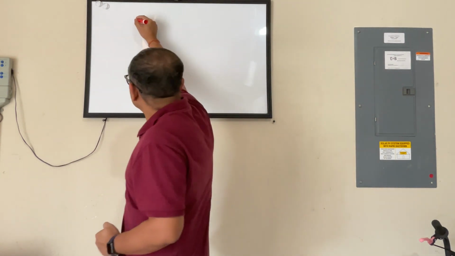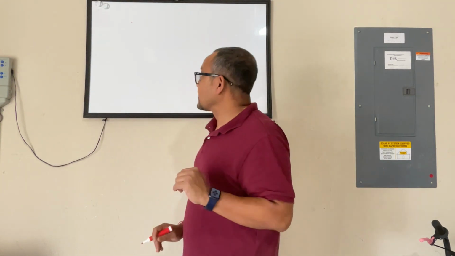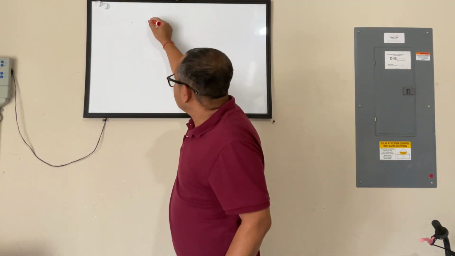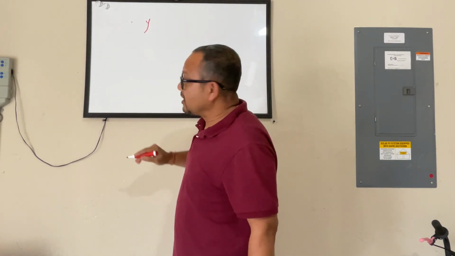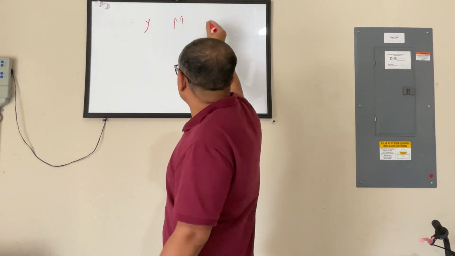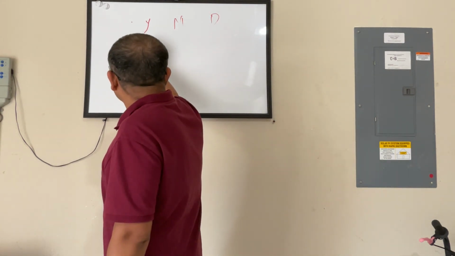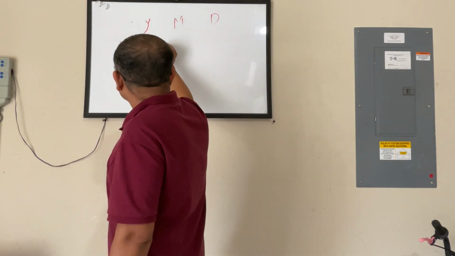Let's say your age is 1/3 of your dad's age. I don't know your age or your dad's age so far. I'm writing Y for yours, M for my age, and D for daddy. So your age is 1/3 of daddy's age. This is the first statement.